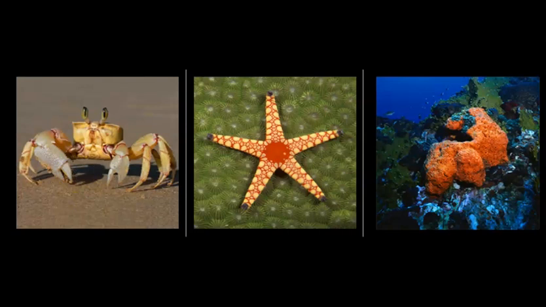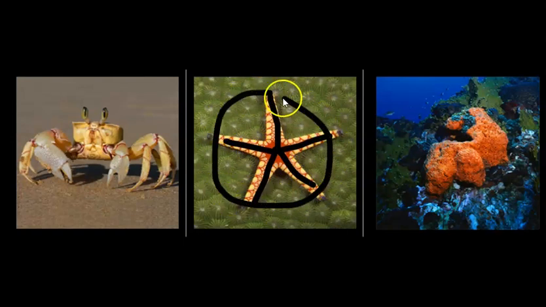Now, if you are dealing with something that has radial symmetry, you start in the middle and you can actually draw radii from the center, if you pretend it's a circle. Right? It has radial symmetry. Radial is radius. So something like a starfish has radial symmetry. And then if you take a look at this sponge over here, this sponge is more of a blob, right?